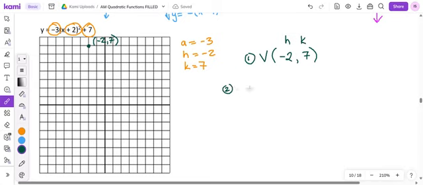In the second step, let's figure out the step pattern. So I need to multiply by my A. My A is -3, and I'm going to multiply it by the original step pattern, 1, 3, 5.